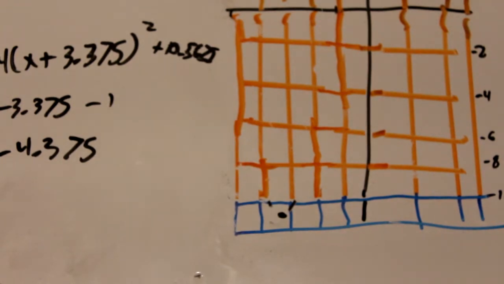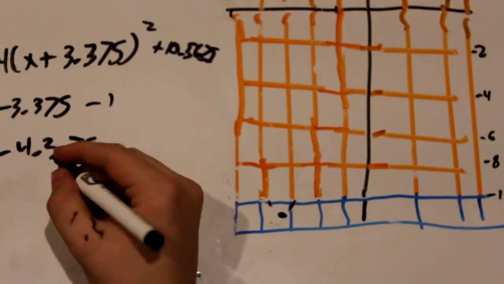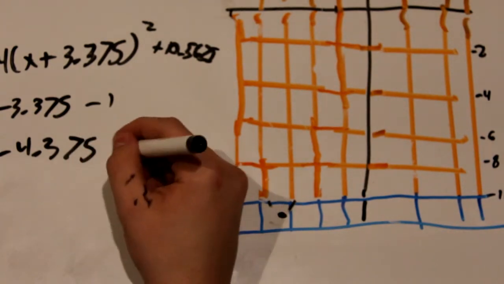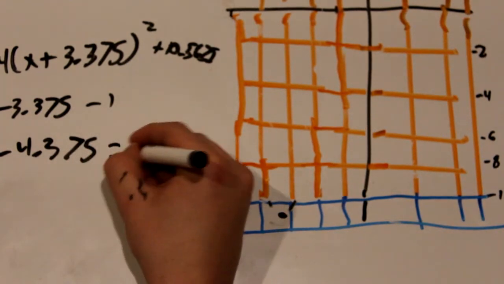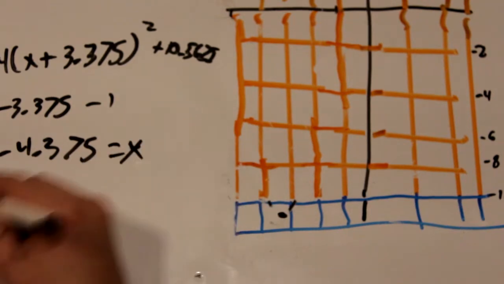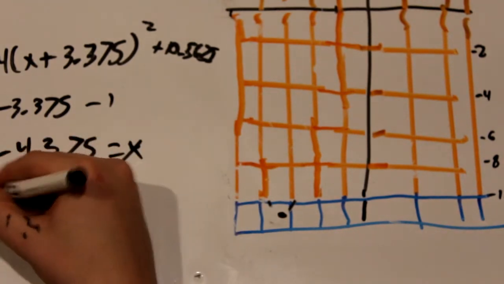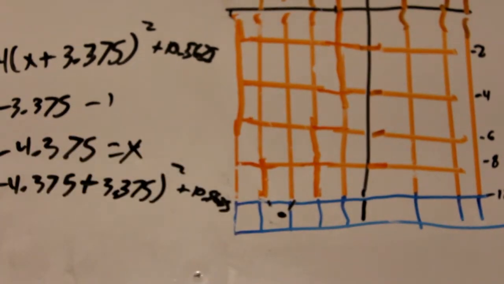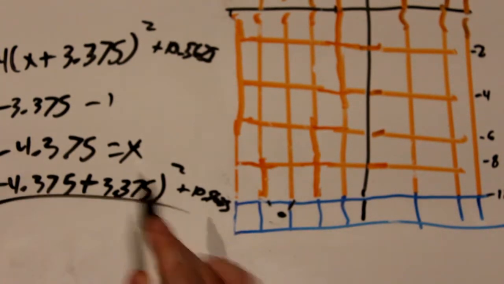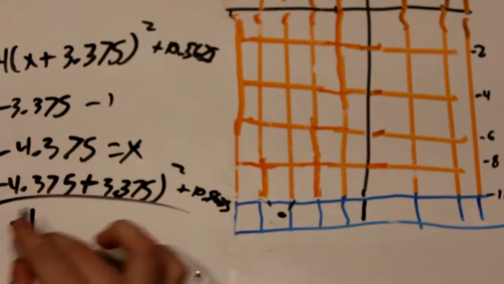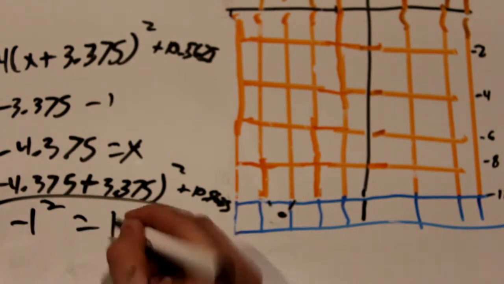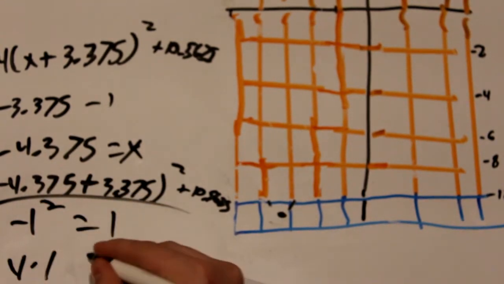Oh, I hate this. So then we're going to take negative 4.375 and set it equal to x, making our equation 4 times negative 4.375 plus 3.375 squared plus 10.5625. We can simplify this to simply negative 1. Negative 1 squared is 1, so 4 times 1 is 4.